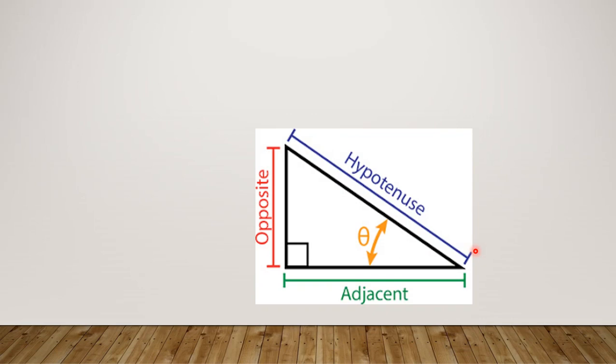So by this figure we can see very easily that the side which is the perpendicular is the opposite side, the side which is the base is the adjacent side, and as we know, this is the hypotenuse, the side which is opposite to the 90 degrees.